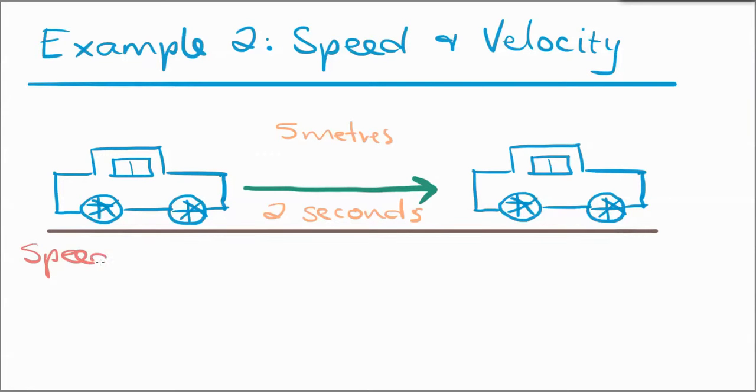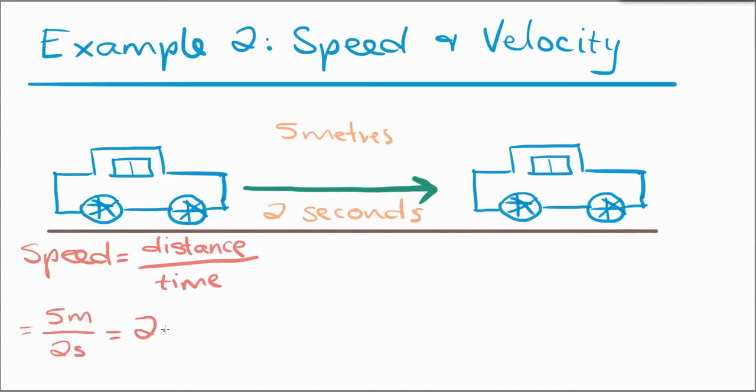So my speed from the textbook is the change in distance divided by the change in time. So this one is quite easy. We've got 5 meters, remember we put our units on, divided by 2 seconds gives us 2.5 meters per second. And you should have seen this unit before as well.